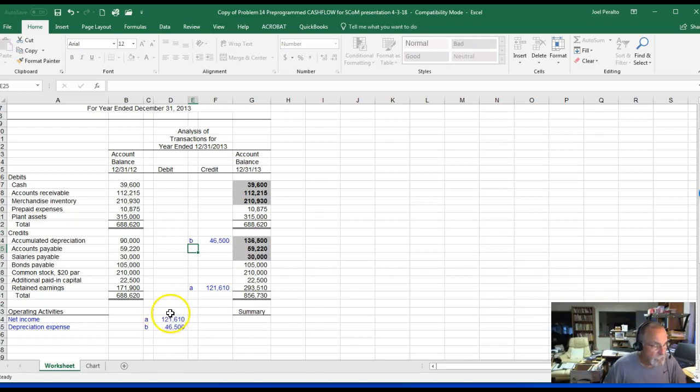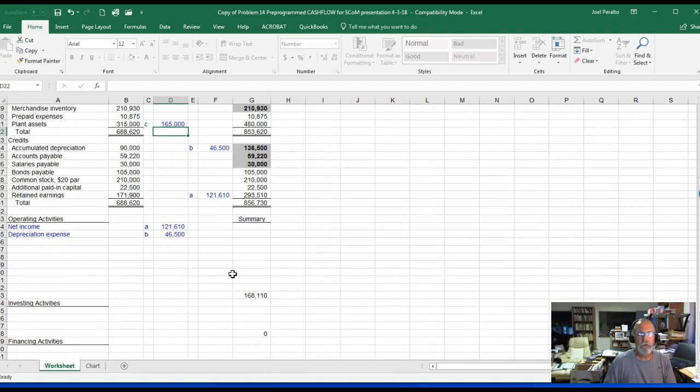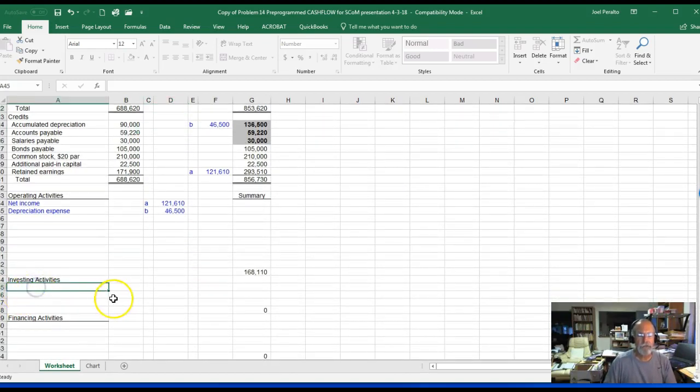So let's go back and record that transaction. We purchased $165,000 of new equipment. So we find our equipment or plant asset account. This is item C, and it's $165,000. How did we pay for it? Now, if you recall, I said investing activities come about through transactions originating with long-term assets.